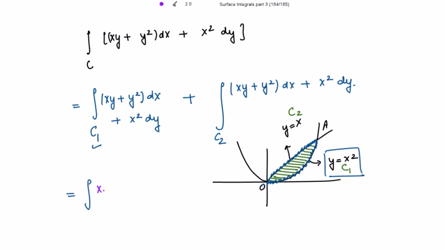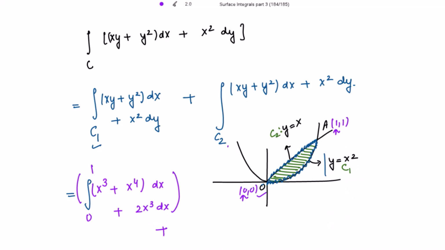So we get x into y, where y is x square, so x into x square becomes x cube, plus y square becomes x to the power 4, plus writing x square as it is, and dy becomes 2x dx, because y is equal to x square. That becomes 2x cube dx. Is it fine? Okay. Let's move on to the second integrand.